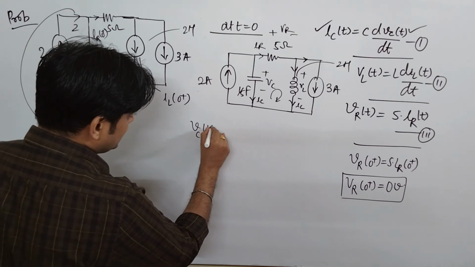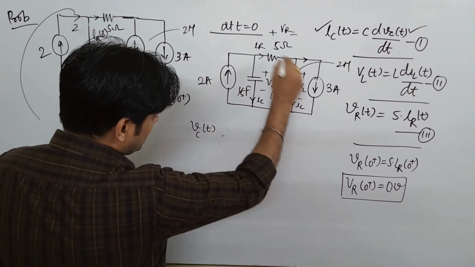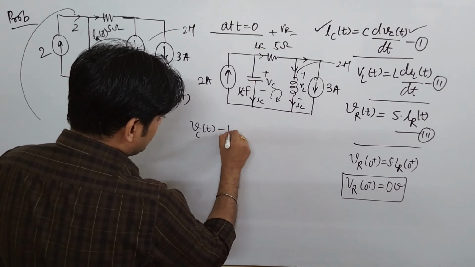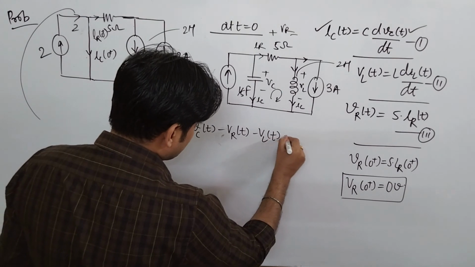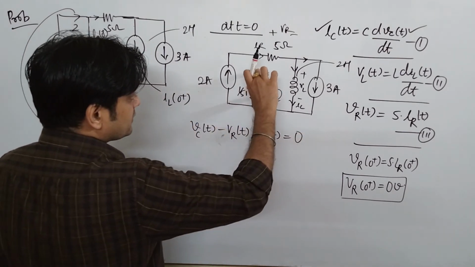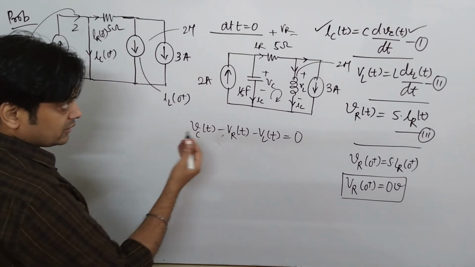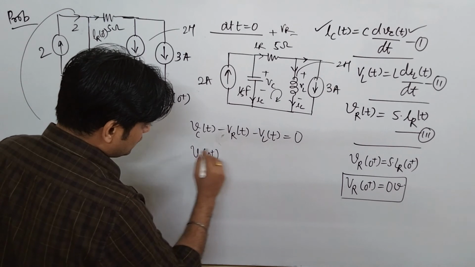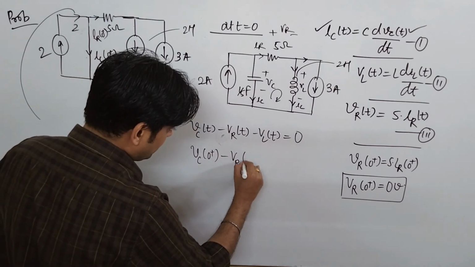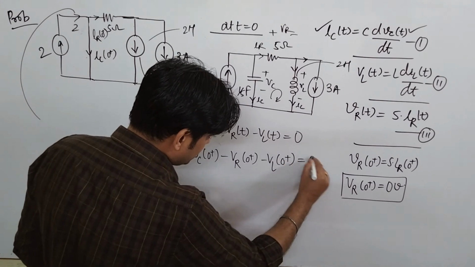So it is VC(t) minus VR(t) minus VL(t) is equal to 0, because one voltage, this voltage and this voltage. So this is your simple KVL. If I put t equal to 0 positive, that comes to be VC 0 positive minus VR 0 positive minus VL 0 positive is equal to 0.